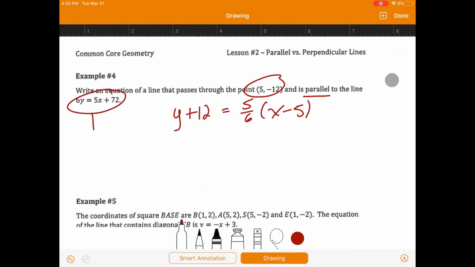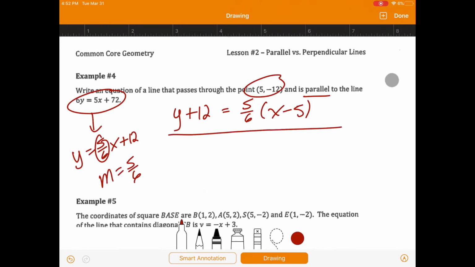If you wanted to redo this and figure out that it was still going to be y equals 5 over 6 x plus 12, that works too. And then this is going to be the same slope. You know, it's the same process, but once you get to here, then you're just going to distribute and put it in y equals mx plus b form.